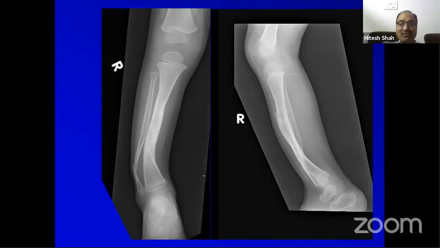Once there is a fracture, it is one of the most frustrating problems. It never unites. Many people claim that it will unite 100%, but this is one of the most challenging problems in pediatric orthopedics. So the basic principle is to prevent the fracture.